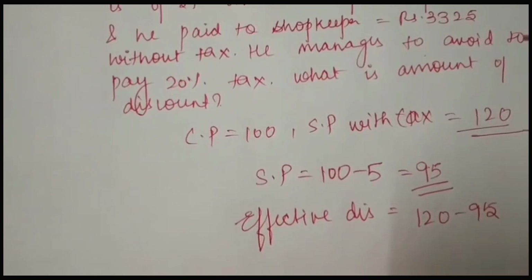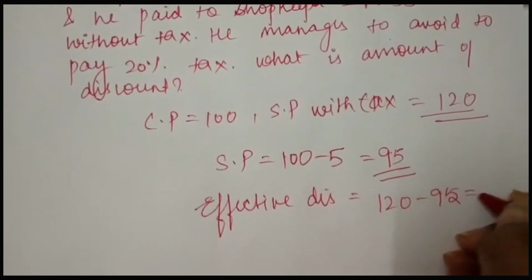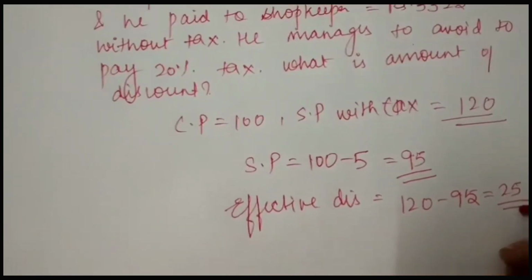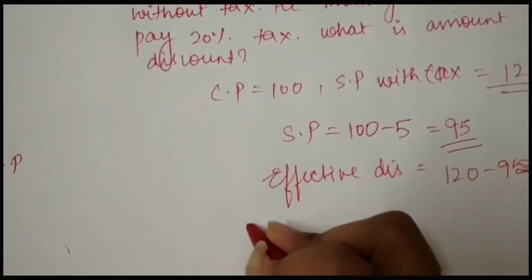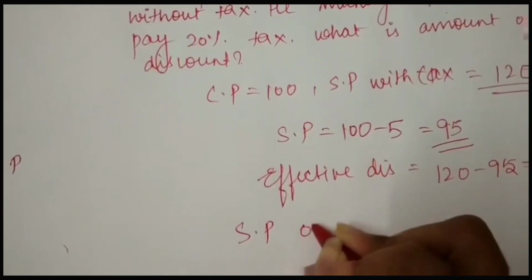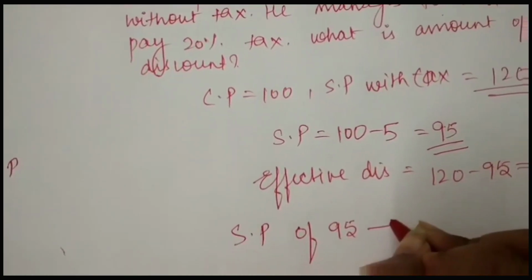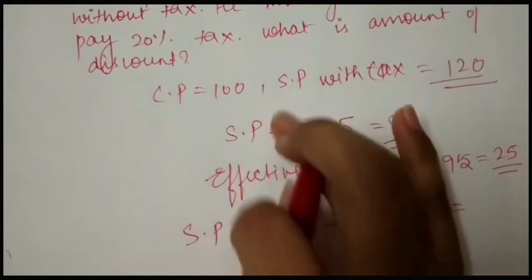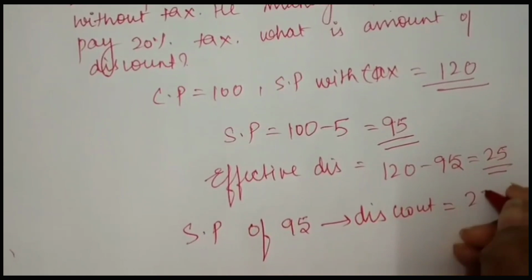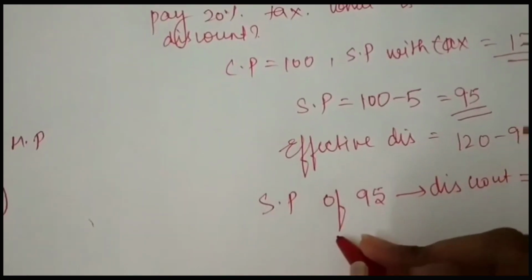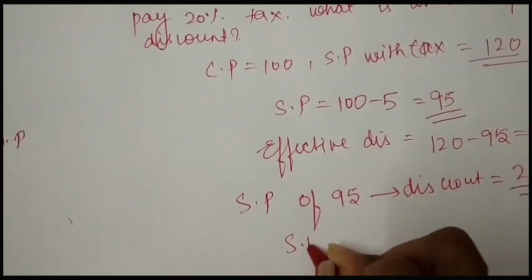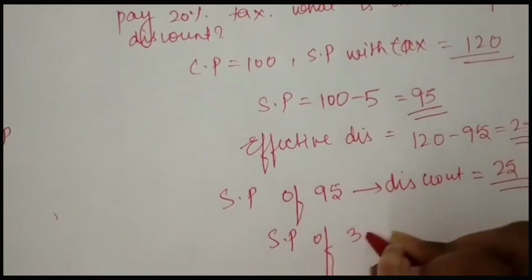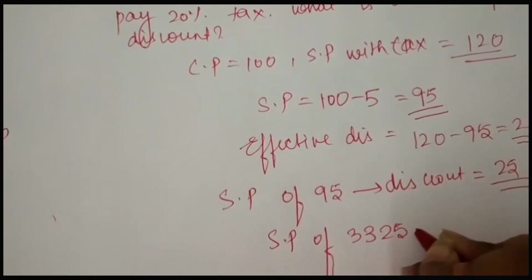So I have subtracted, so I'll write 25 as the effective discount. Now selling price of 95, when he's giving a discount, that is जब 95 का होगा तो उसका डिस्काउंट कितना होगा? 25, राइट? एंड तब क्या होगा जब सेलिंग प्राइस उसकी कितना होगा? 3,325.